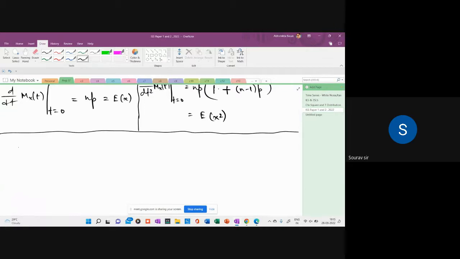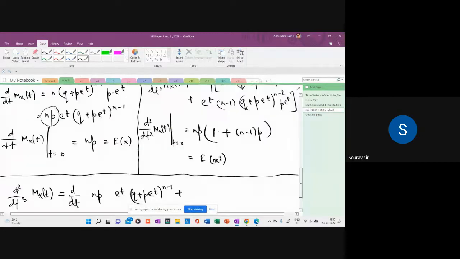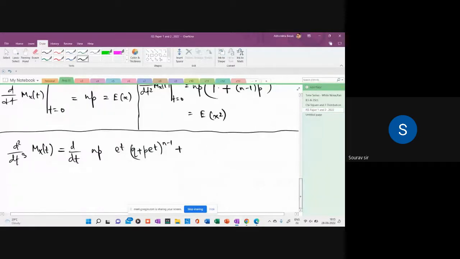That is d cube/dt cube of M_X(t), which is equal to the derivative of this particular thing: np, I write it once, then I should do it. d/dt of [e to the power t (q plus p e to the power t) to the power n minus 1 plus e to the power t (n minus 1) p e to the power t (q plus p e to the power t) to the power n minus 2 e to the power t].